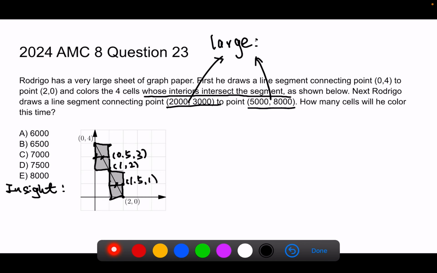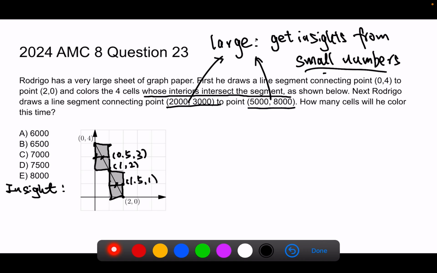For this kind of large number question, our general problem solving strategy, which we used in some other questions as well, is to get insights from small numbers. What does that mean? 2000, 3000 are very big. Why not try some small numbers so we can understand what's going on?